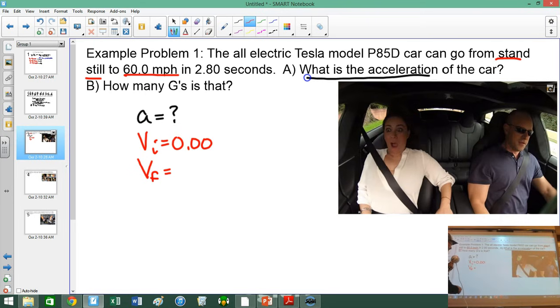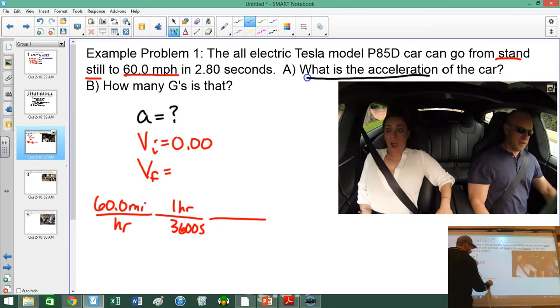I'm not going to be able to use that because I want everything in meters and seconds. So I'm going to take 60 miles per hour, and I'm going to have to change hours into seconds, and then change miles into meters.